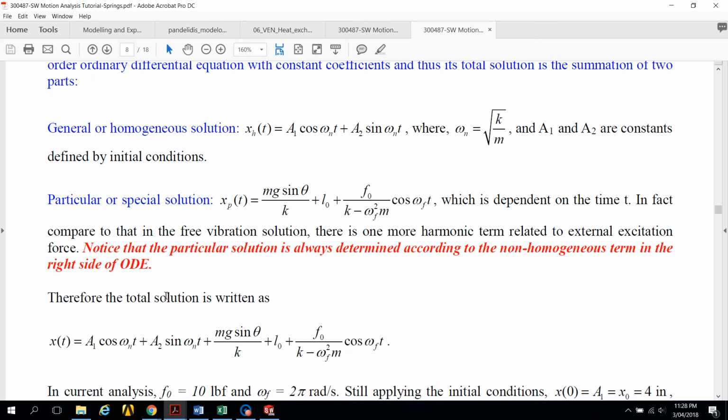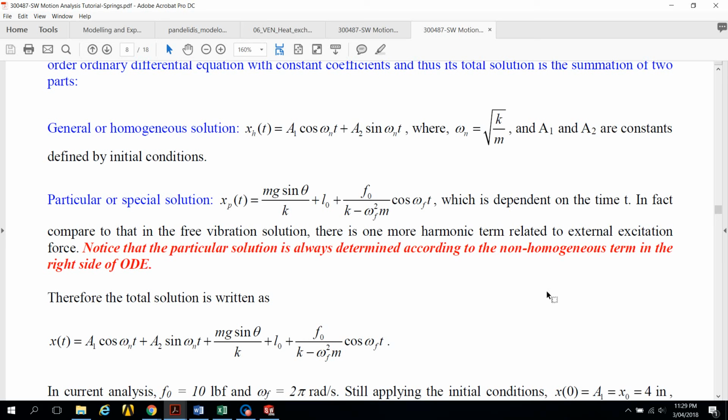The particular solution x_p(t) is equal to mg sine theta divided by k plus L0, plus F0 divided by (k minus omega f squared m) multiplied by cosine of omega f t, which is dependent on time, of course.